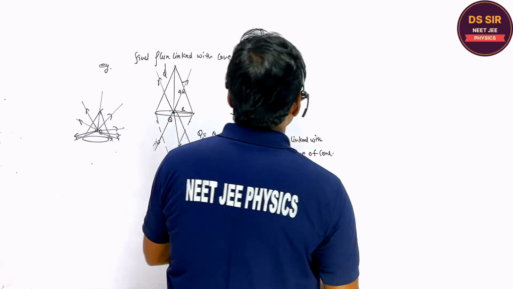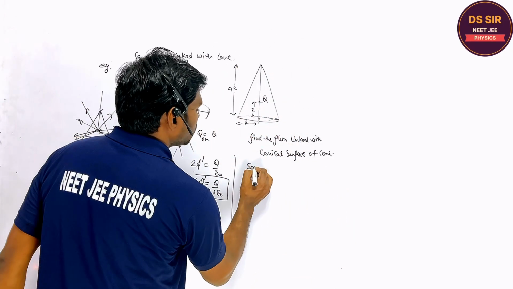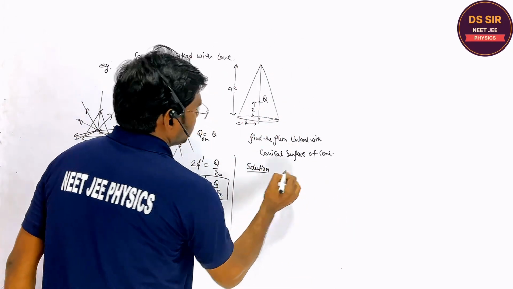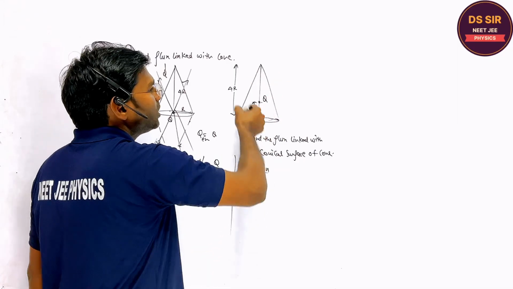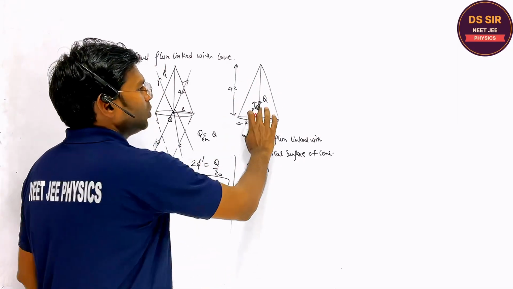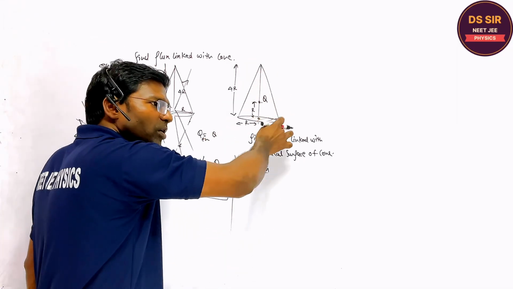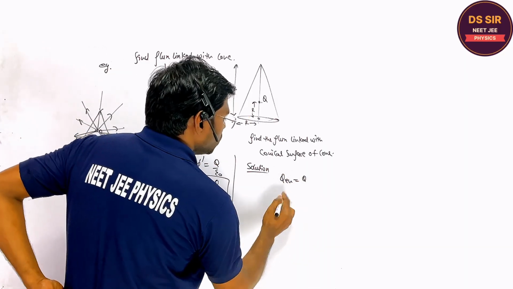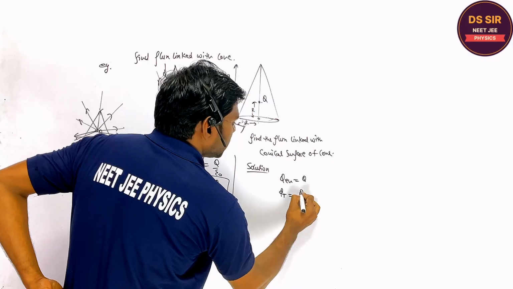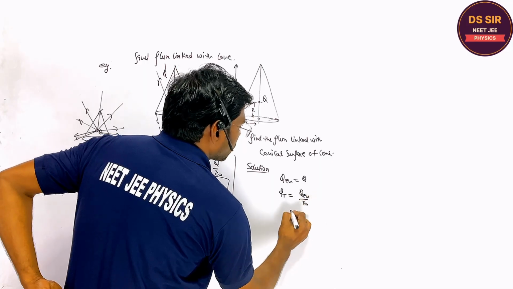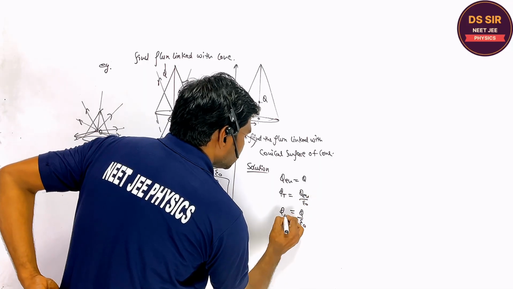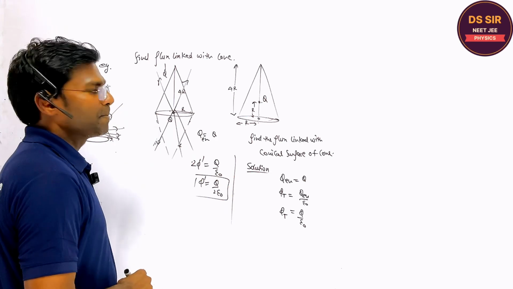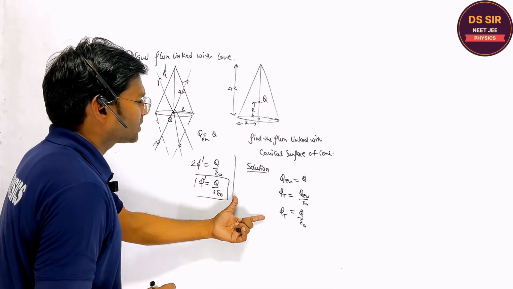So how to solve this question? Please tell. I am writing the solution this side. Listen one thing. If you consider the total cone, the charge q is enclosed by this cone. So what is the charge enclosed? Here q. So the net total flux is q upon epsilon naught. Listen one more thing. What is the total flux?